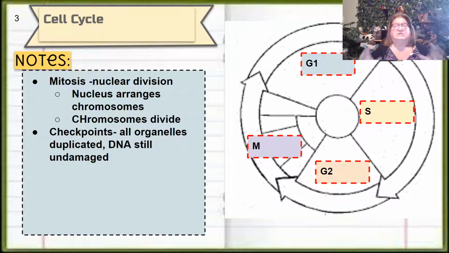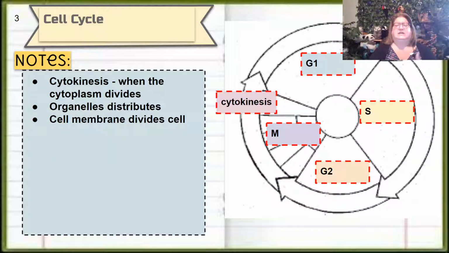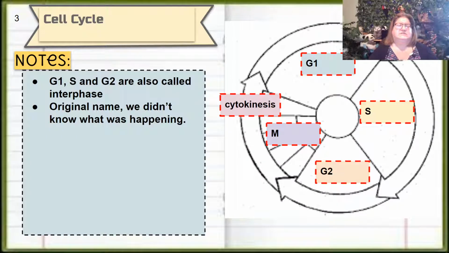You can still stop the cell at this point, and if everything's okay, it'll go on. If something's wrong, it needs to stop. Now, mitosis is then followed by cytokinesis, where the actual cytoplasm divides. The organelles get distributed, and the cell membrane divides the cell. And we'll look at each one of these.